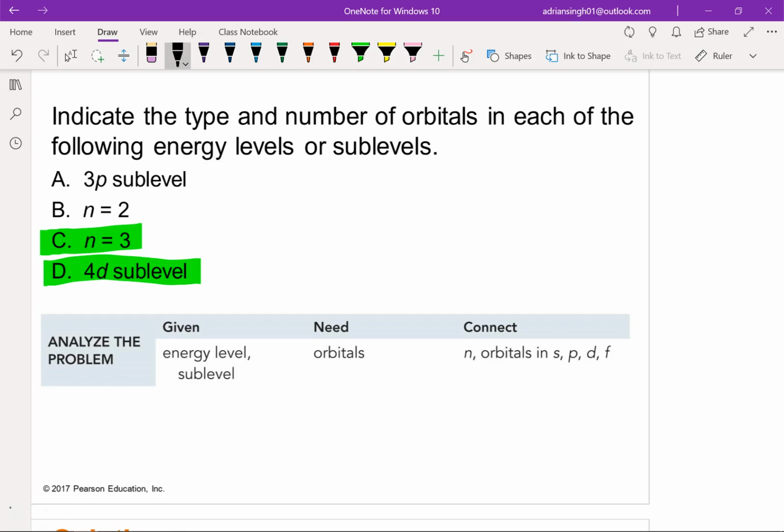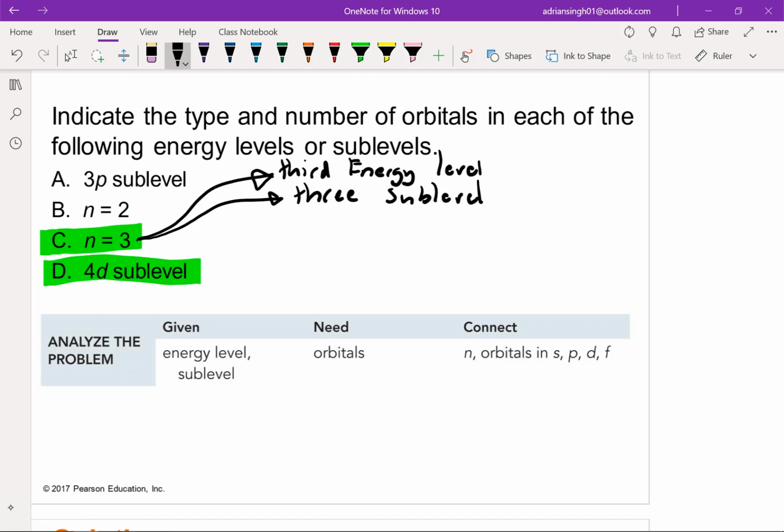All right, so n equals 3. This tells you that we're looking at the third energy level. Remember, the n value tells us the energy level, and the number just tells us how many sublevels we're going to have. We're going to have 3 sublevels. So we start with the 3s, then the 3p, and then the 3d.